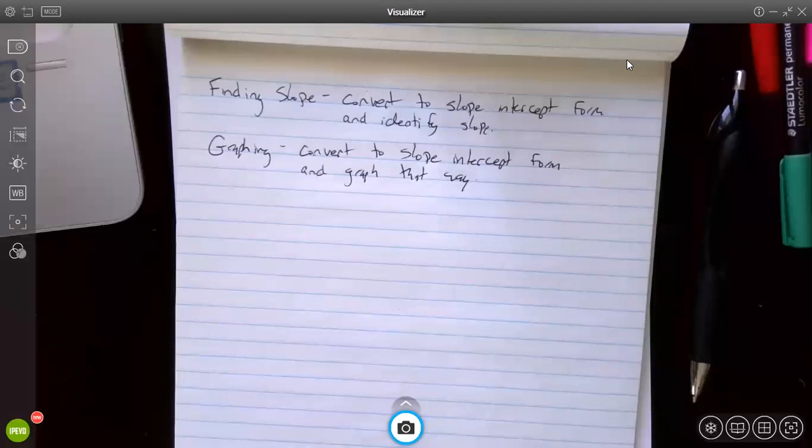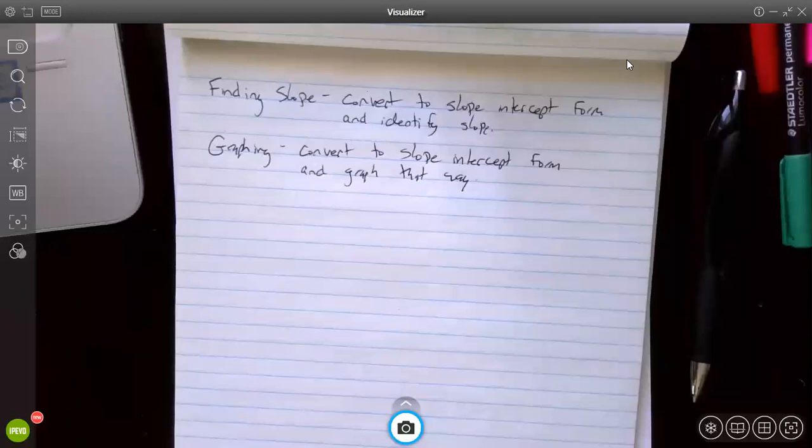If you're asked to graph a line and you're given the line in general form, again, the easiest thing to do is just convert the general form of that line into slope-intercept form and then graph it that way, where you plot the y-intercept and then rise over run to the next point according to your slope. You can also graph by solving for the x and y intercepts, but that's 2 steps instead of just 1. So I would recommend just converting to slope-intercept form.